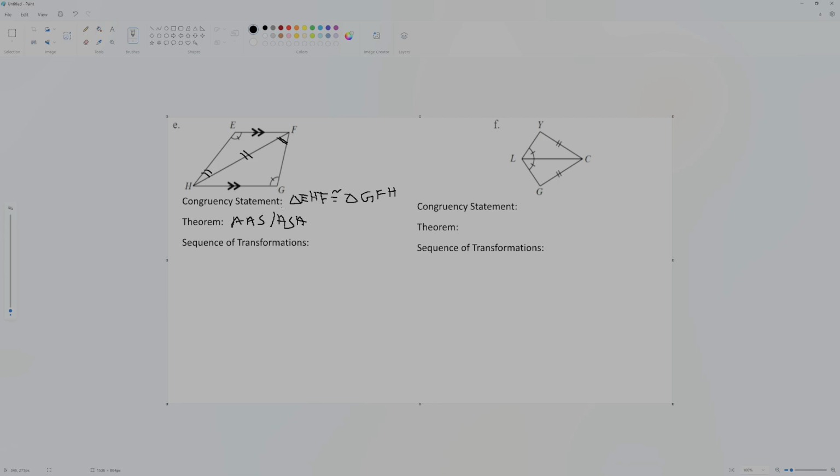However, this would not be a reflection because if you were to mark these angles up, the double angle and the triple angle would line up on top of each other, and you want the double to line up with the double arcs. So this one would actually have to be a rotation.